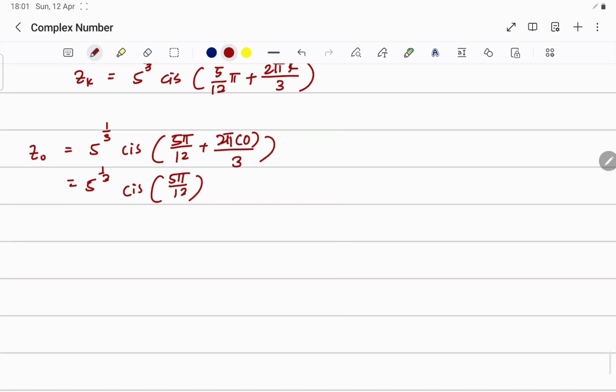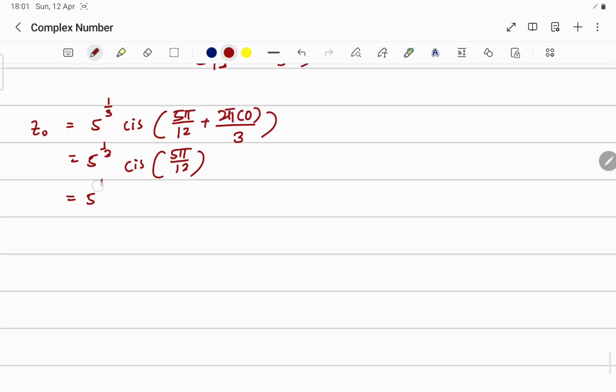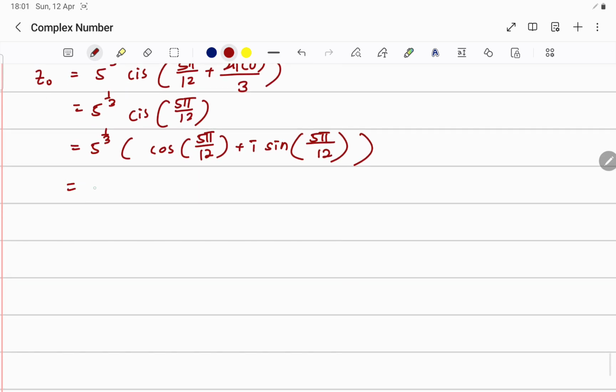Now you change cis to the cos form, you will get 5^(1/3) cos 5 pi over 12 plus i sine 5 pi over 12. Then here you expand them, you will get 5^(1/3) cos 5 pi over 12 plus 5^(1/3) sine 5 pi over 12 i.